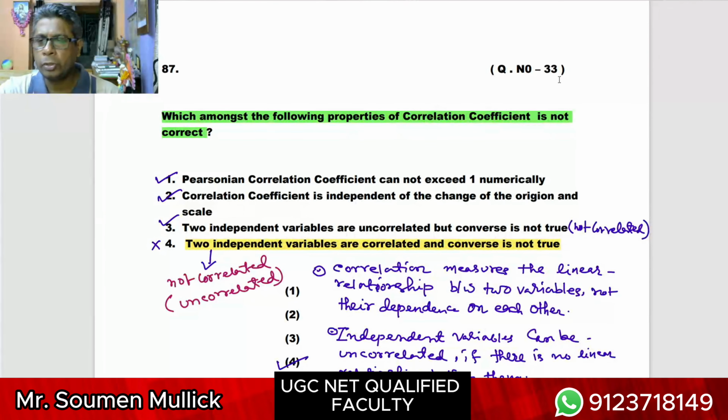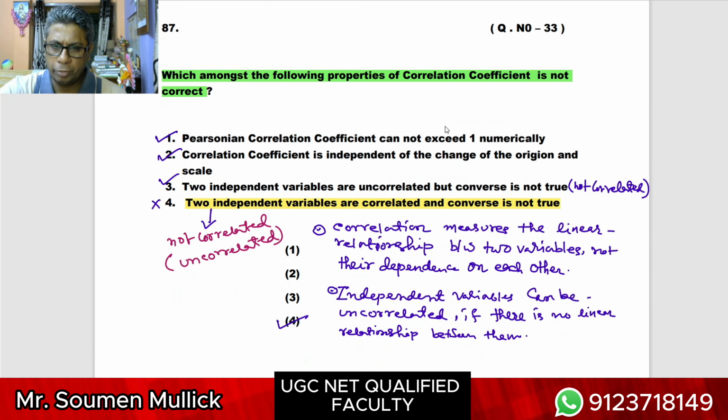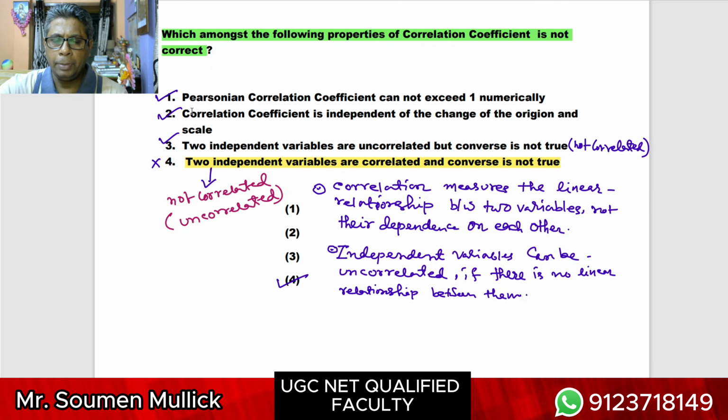Our next question is number 33. This question is based on which amongst the following properties of correlation coefficient is not correct. This question comes from properties of correlation coefficient. At first you have to understand what is correlation.